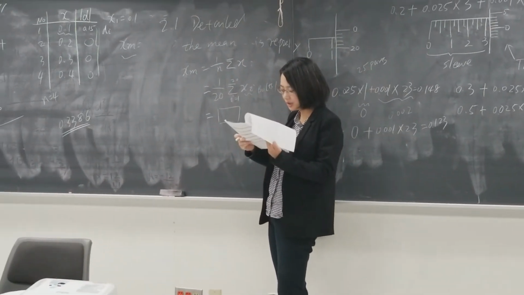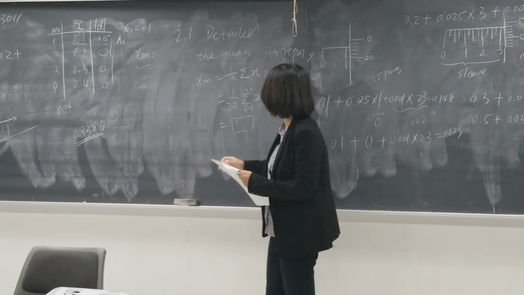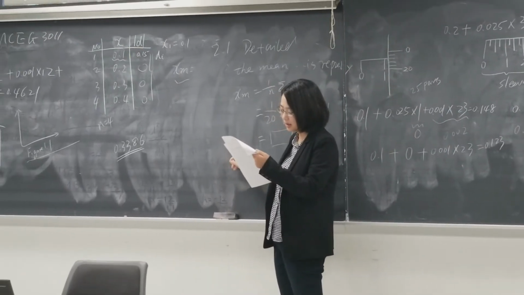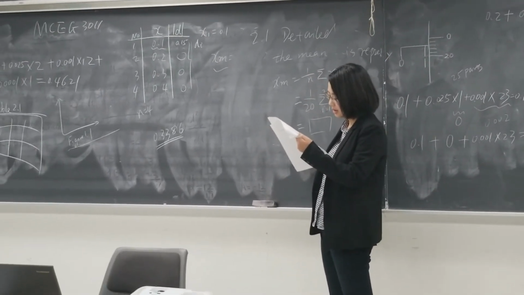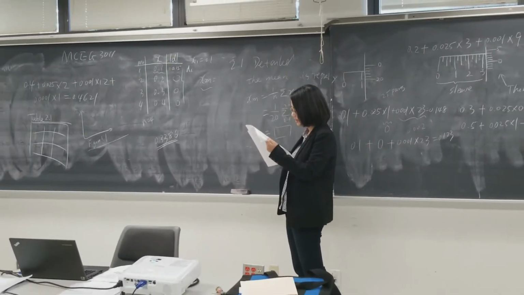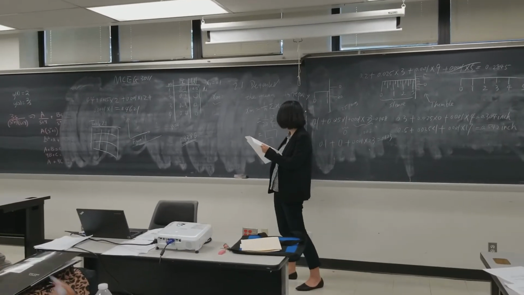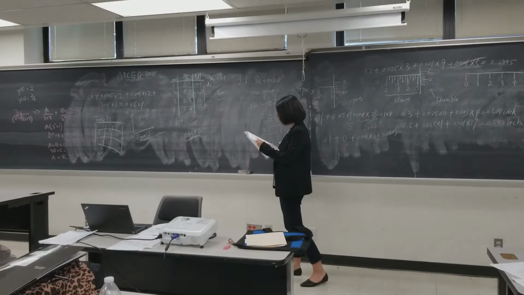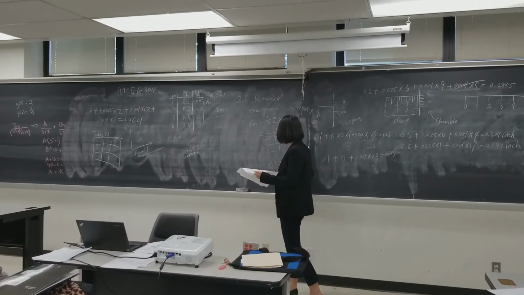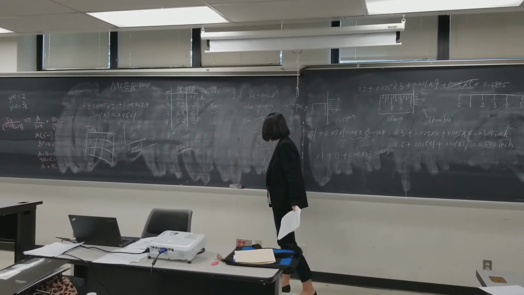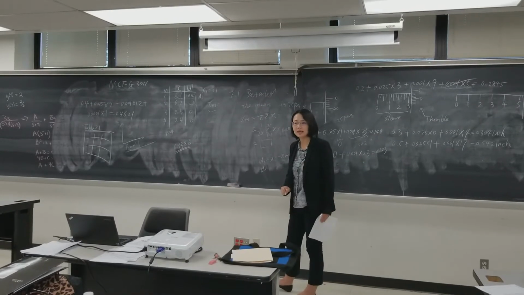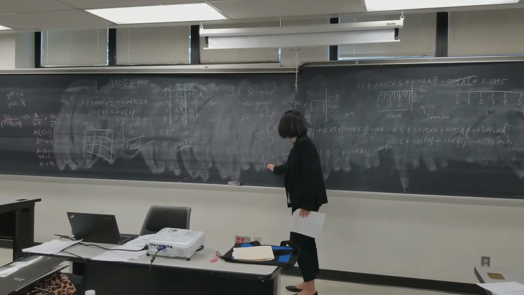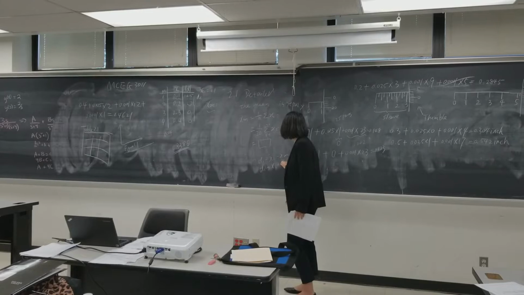Same thing for deviation. You need to put a statement saying the deviation of a set of data is represented by the formula here. Okay? And for D1, you take one data as an example. D1 is equal to x1 minus xm.